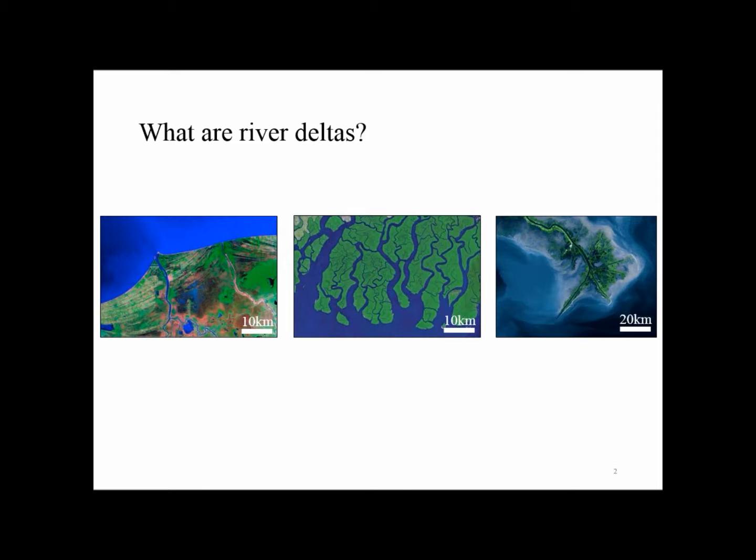And over thousands of years, millions of years, all this sediment builds up and attains these very interesting shapes that vary tremendously between different delta systems. And because they deposit in a standing body of water, they usually are very flat environments, basically at sea level.